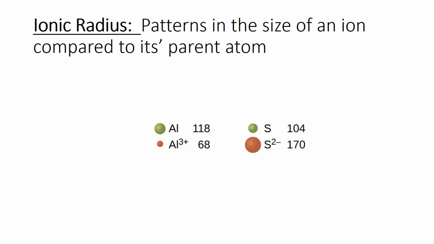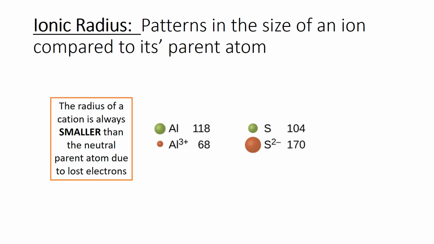So the last trend we want to look at is ionic radius. And these are patterns in the size of an ion, in particular compared to its parent atom. And you'll see two opposing trends depending upon the type of ion that you're dealing with. For cations, the radius of the ion is always smaller than the neutral parent atom. And this makes sense because when you form a cation, you're removing electrons.